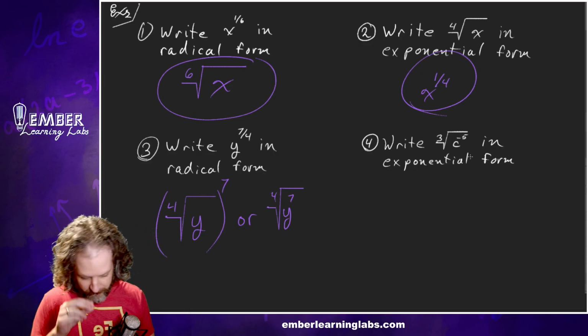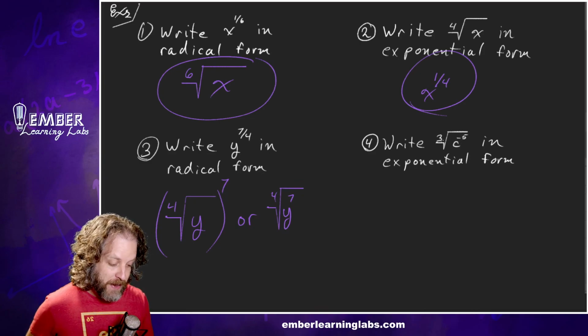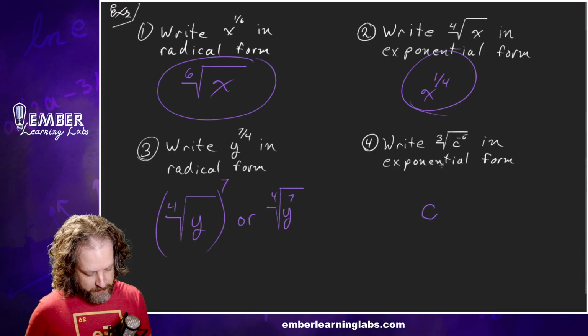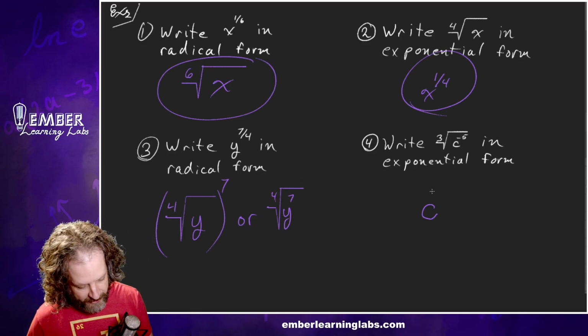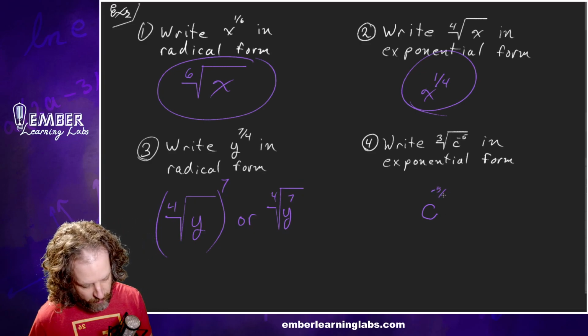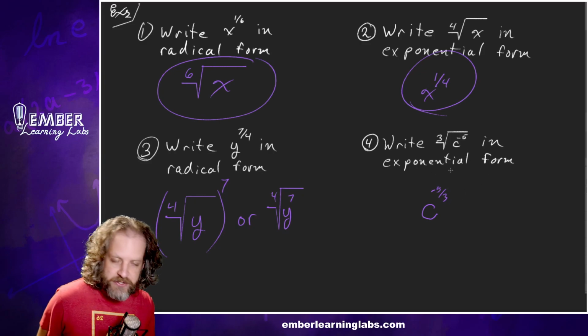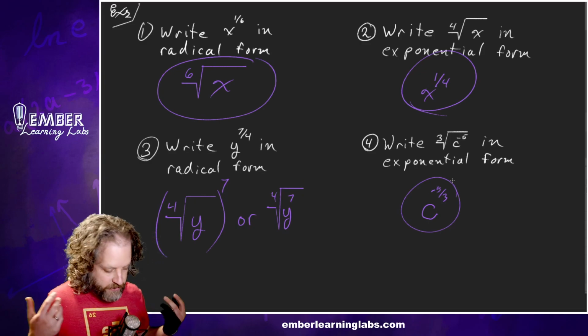What about this one? We've got a -5 as the power and 3 as the root. We're going to keep the base the same, so c is the base, and the power is -5, so c to the -5/3. Now, it really just says convert this to exponential form, so in this particular problem, we could just circle it and move on.